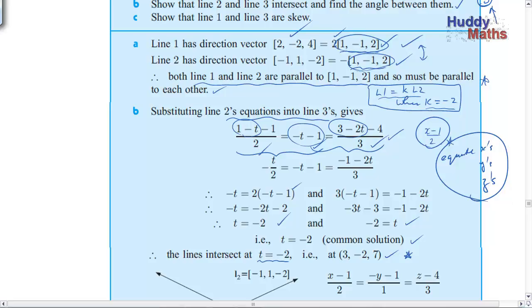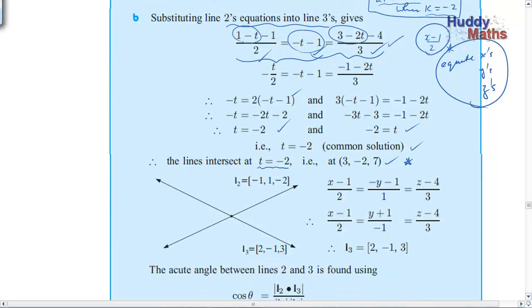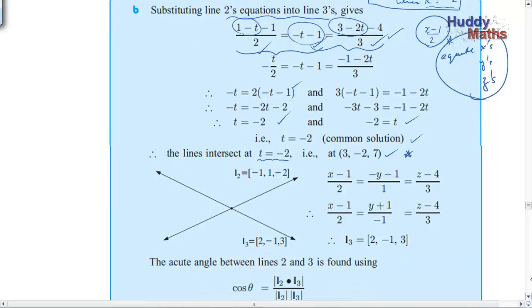All right, here's a little picture of what's going on for the second part, which is finding the angle between them. Here we have our intersecting lines, intersecting at a point, and line 2 has that direction vector, and line 3.